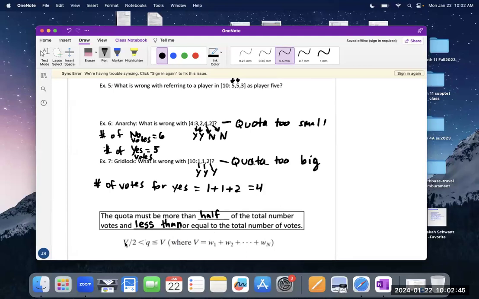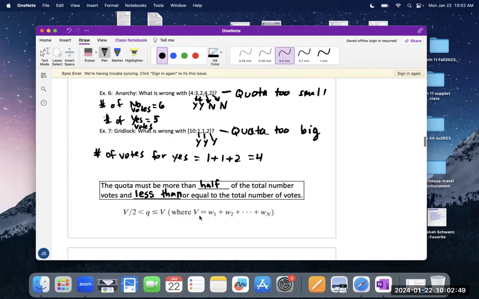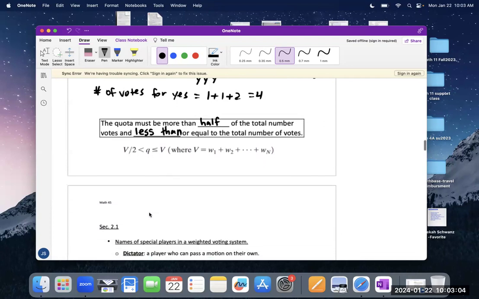And this is what it is mathematically: if you let V be the total number of votes, the sum of all the weights in a voting system, then the quota has to be greater than half of V and less than or equal to V. All right.